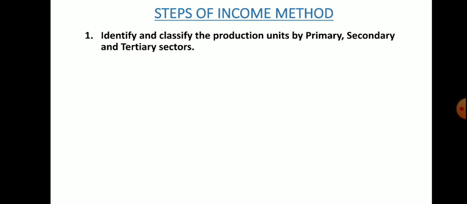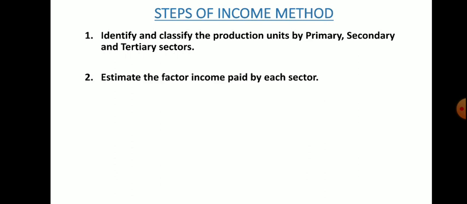Then you have to estimate the factor income paid by all three sectors, that is, the factor income in the primary, secondary and tertiary sector separately. Once you calculate all this factor income, you can calculate domestic income, that is, net domestic product at factor cost, in short NDP at FC.